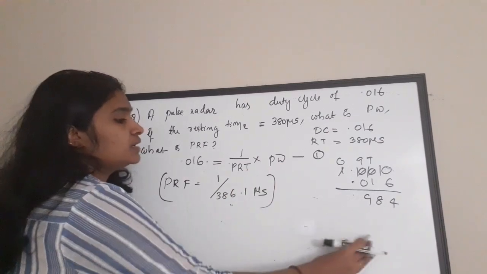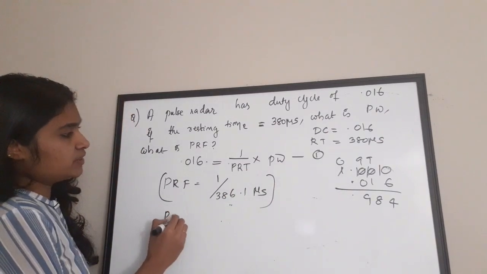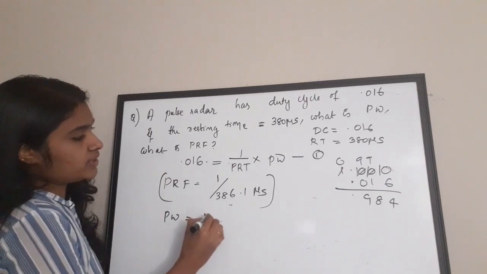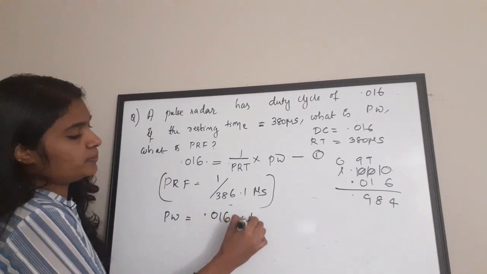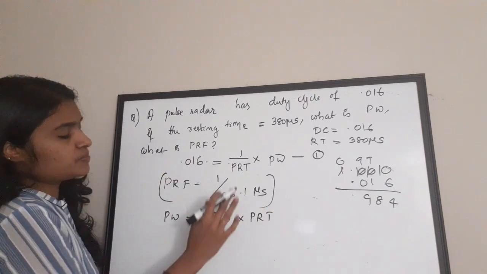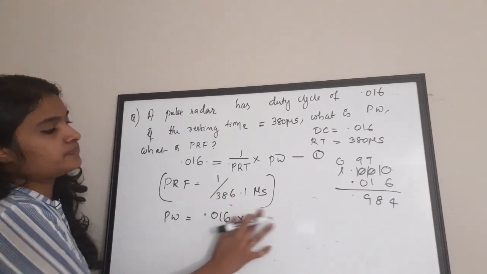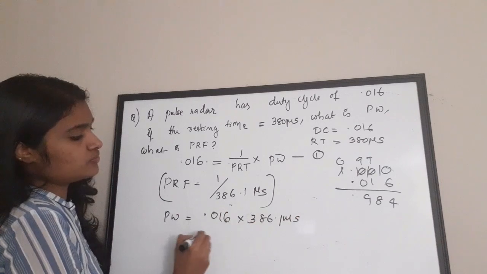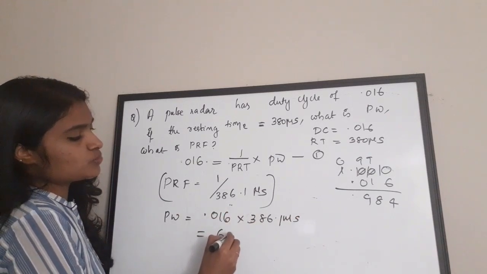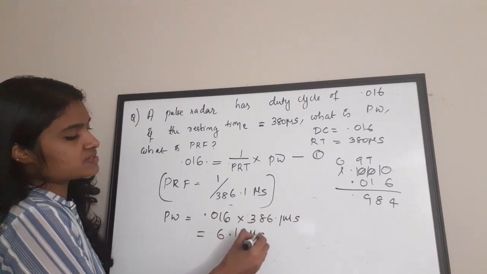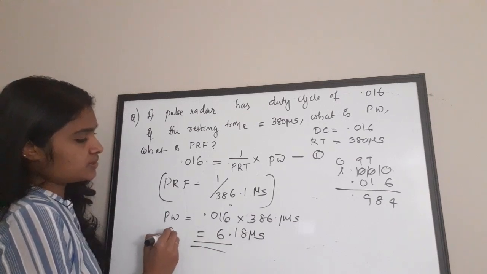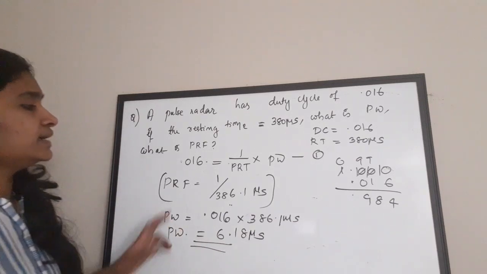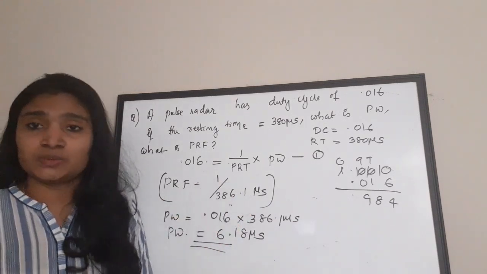Pulse width or PW is equal to 0.016 into PRT, right? So what is PRT? It is 386.1 microseconds. So if you solve it, you will get 6.18 microseconds. Okay, so this will be your pulse width. And this is your pulse repetition frequency.